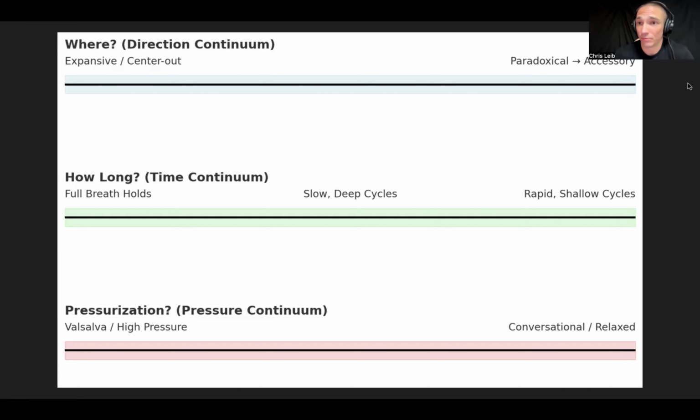And this is done frequently before heavy lifts or before short duration, high intensity work. So in powerlifting, you'll see people do this, but then they'll also take a hit of smelling salts, which will naturally increase their paradoxical accessory activity in their rapid shallow cycles because it creates a sympathetic drive, and you want that during high intensity, short duration endeavors.